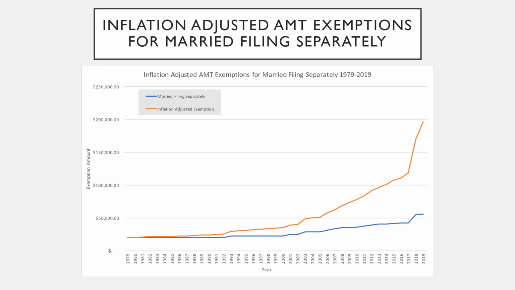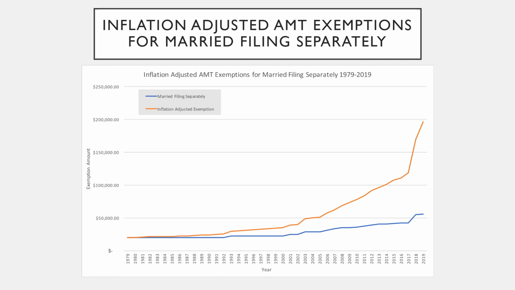If the exemption amounts had been adjusted for inflation starting in 1979, the exemption amount for married taxpayers filing separately should be $196,717.61. Observe how the orange line increases more progressively than the blue line.